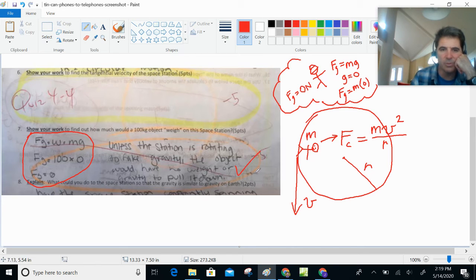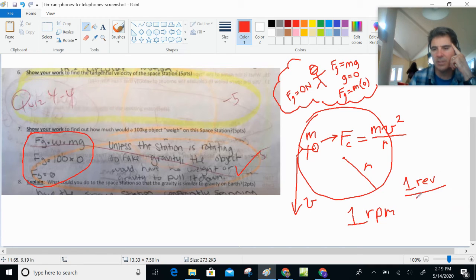That is true. But we're telling you that this is rotating at 1 RPM, which means 1 revolution every 60 seconds. So how far is a revolution? A revolution is pi times diameter, because that is what's called circumference. A circle's circumference is pi times diameter.